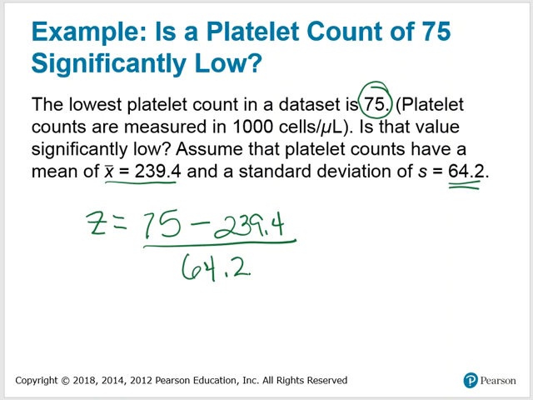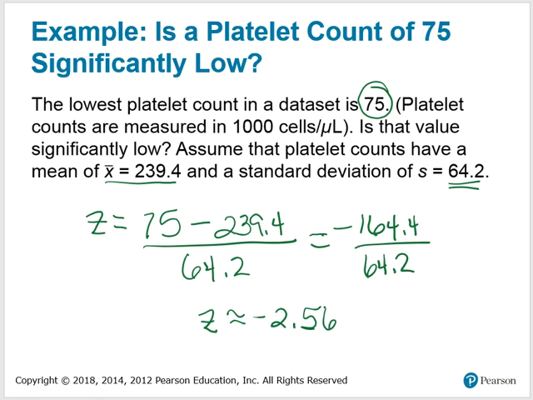It is below the mean, so we're going to have a negative number. So negative 164.4 divided by 64.2. So our z is approximately negative 2.56.